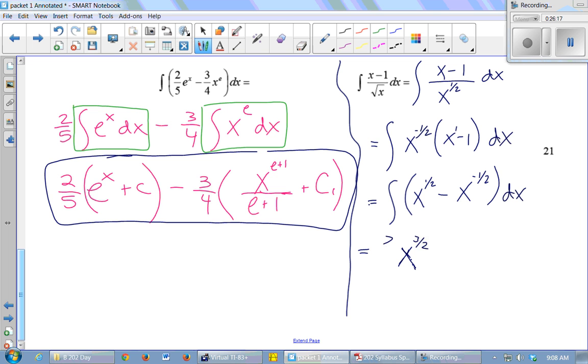Or multiply by 2/3. And then x to the negative 1/2, what do you get when you add 1 to negative 1/2? 1/2. So I'm going to have x to the 1/2. And then I should divide by 1/2, divide by that exponent, or multiply by its reciprocal too.